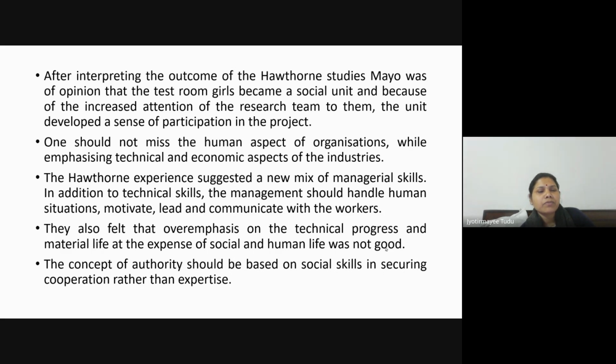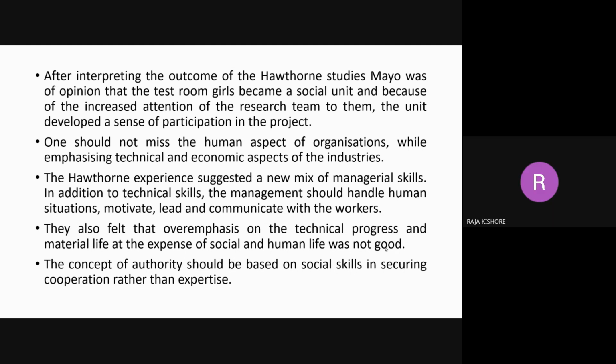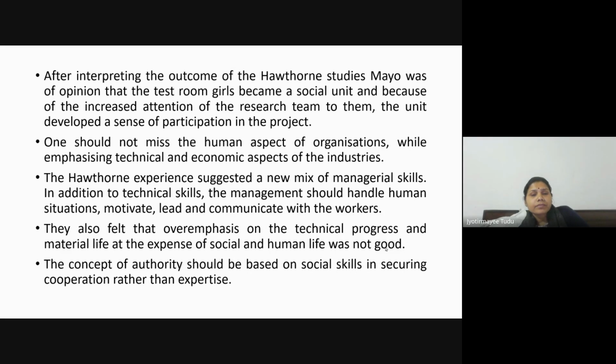Then one should not miss the human aspect of organization while emphasizing the technical and economic aspects of the industry. So, human relations theory also asks us to think over that industrial organizations are not merely meant for the technical and economic aspects of the industries.